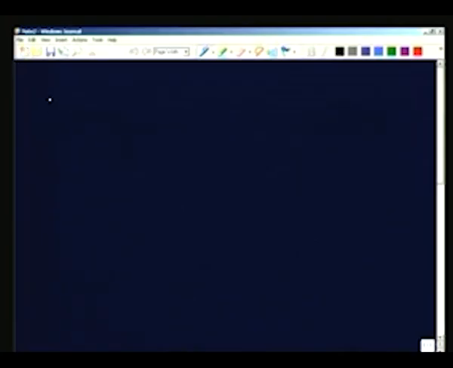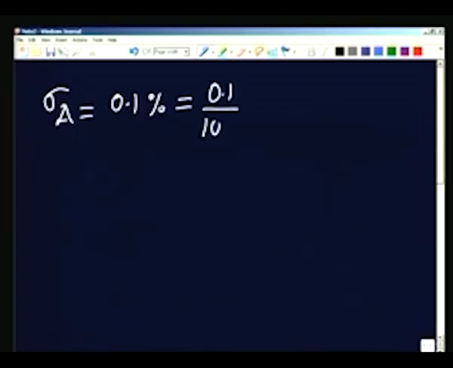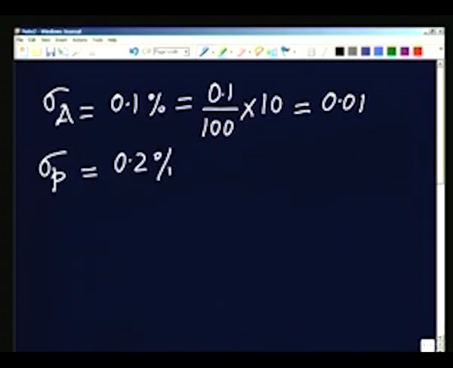If you take sigma A is 0.1%, this will be 0.1 divided by 100 multiplied by 10. This is the actual value. So this will give you 0.01, and sigma P is 0.2%, and that will give you 0.2 divided by 100 into the value of the parameter P, which is 20.